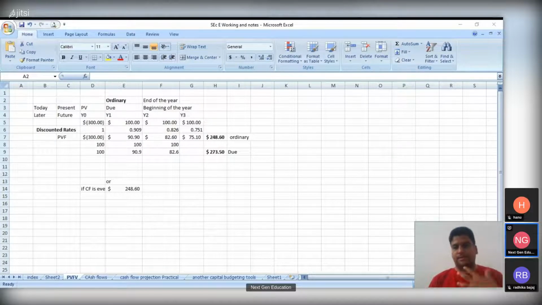Okay. Now the question is, what happened? How to calculate the thing? So I am simply classifying. Today I'm going to start with a computation scheme, computations where we already calculated the cash flows. You know cash flows. You know your present value factors. You know the discounted cash flows.